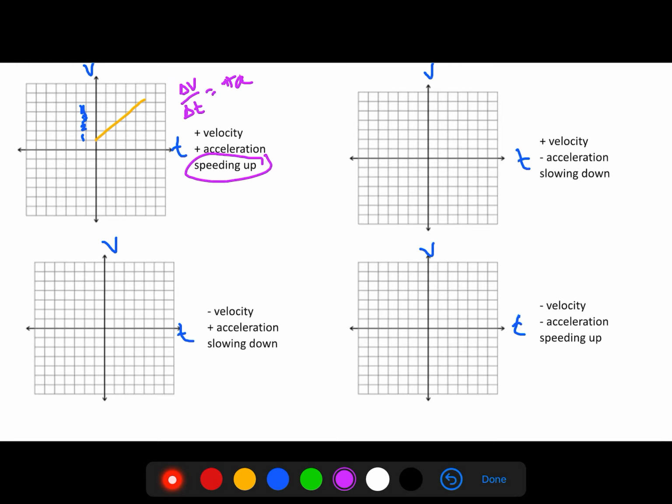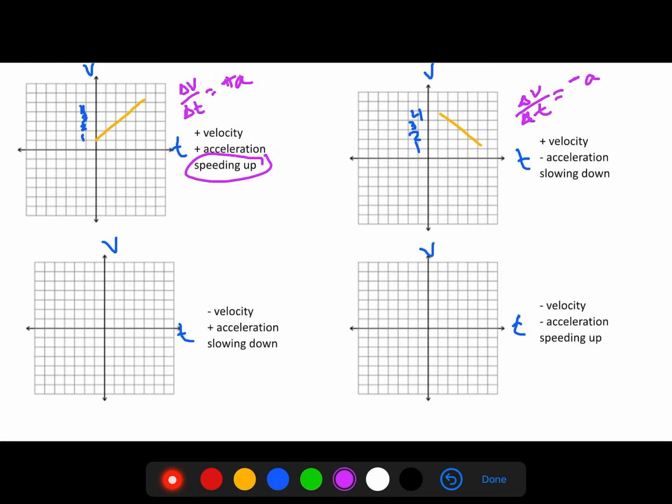Okay? Now, if I have a graph that looks like this, then once again, we would have a positive value for my velocity because these are positive numbers here that we are graphing. But in this case, I would have a negative acceleration because if I do my change in velocity over change in time, then I'm going to end up with some negative value for that answer because my velocity decreased in value.